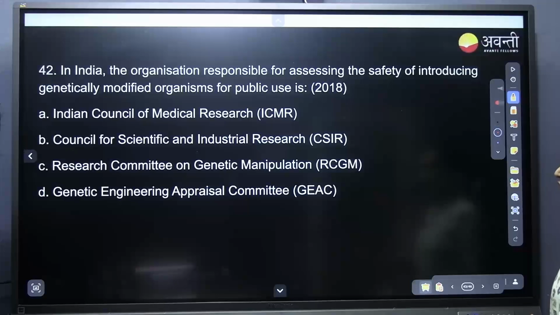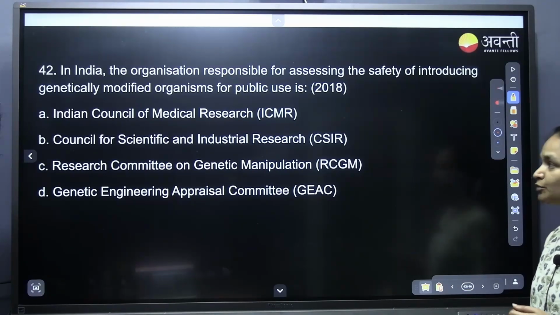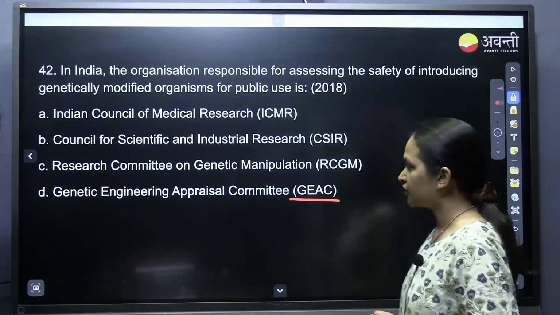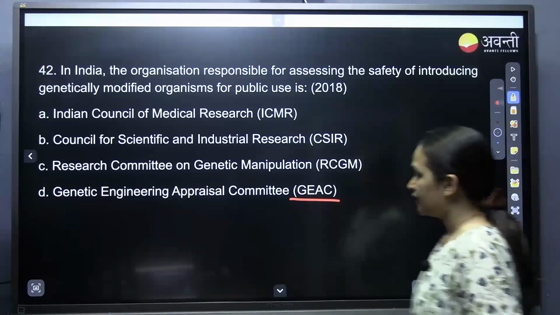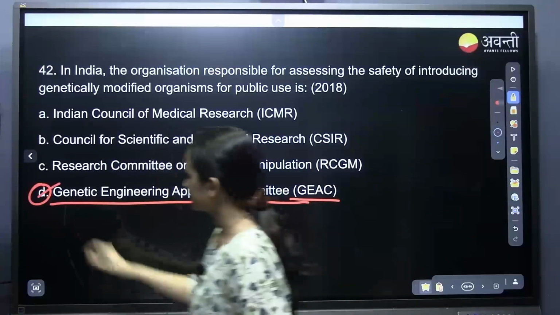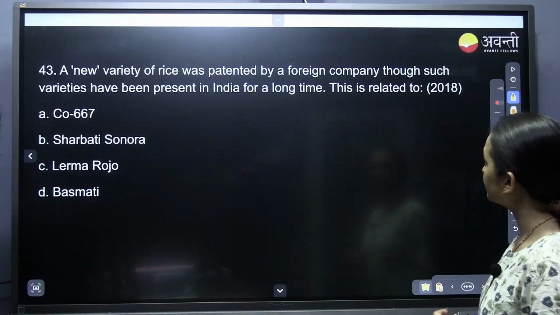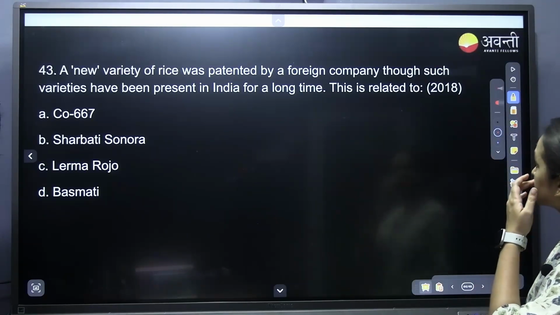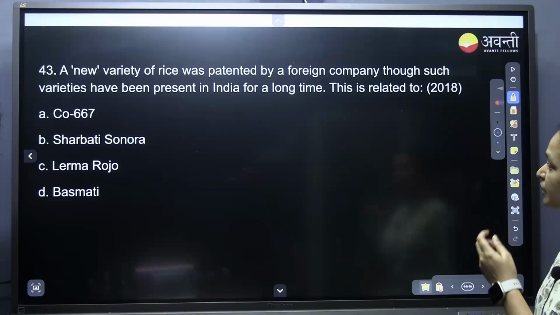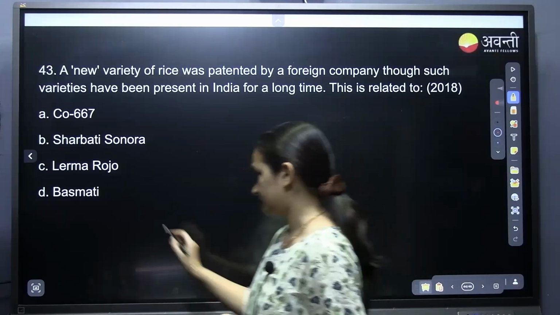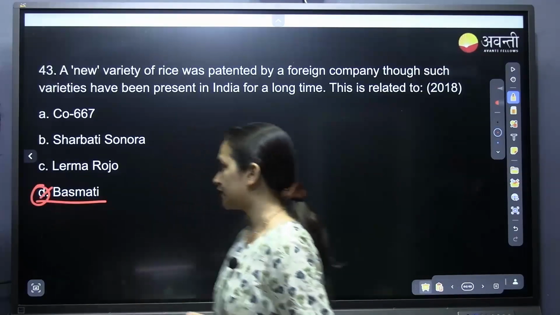In India, the organization responsible for assessing the safety of introducing genetically modified organisms for public use is the Genetic Engineering Appraisal Committee, that is GEAC. A new variety of rice was patented by a foreign company, though such varieties have been present in India for a long time. This is related to basmati.